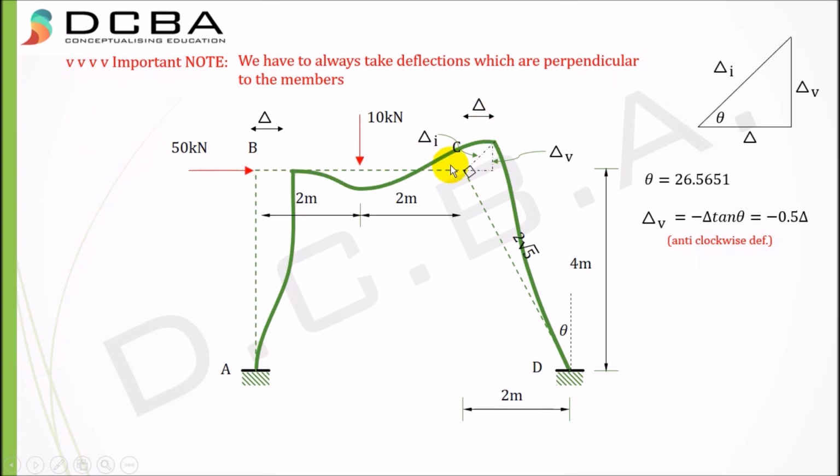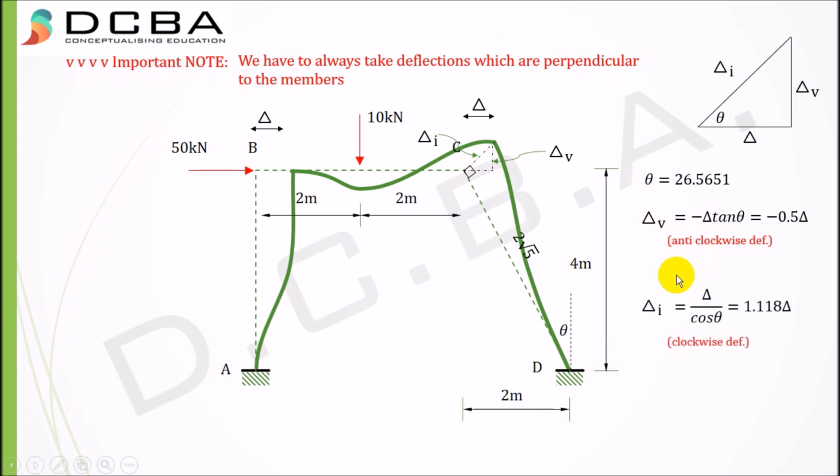Therefore the member BC has been rotated in an anti-clockwise manner. This was the original axis of the member BC, that is before deflection, and after deflection it has become somewhat like this. So there is an anti-clockwise deflection, and that is why delta V gives an anti-clockwise rotation for BC, and therefore it is negative.